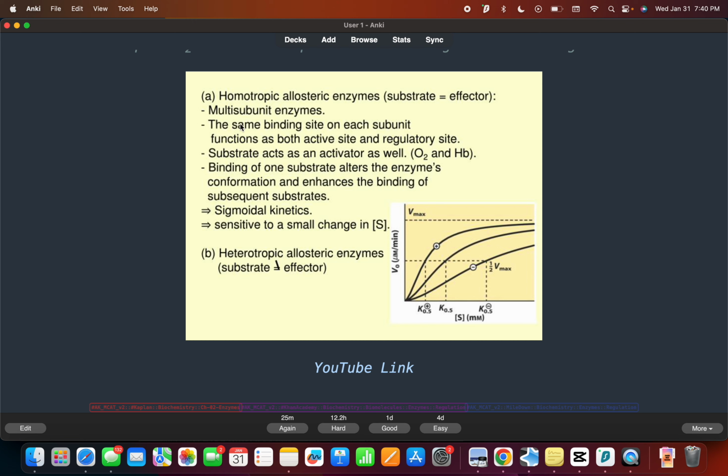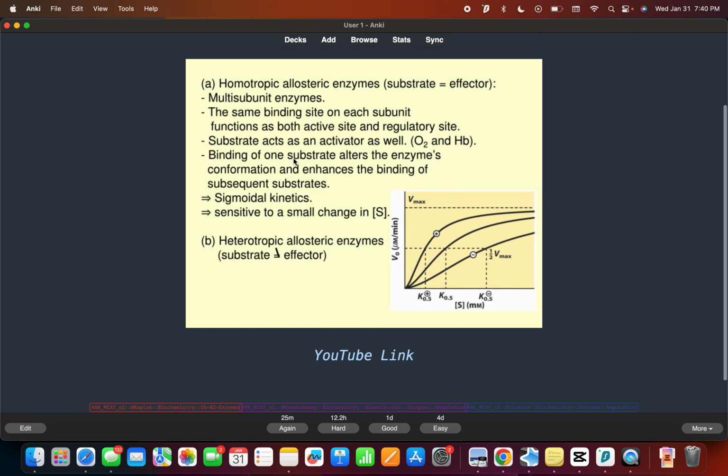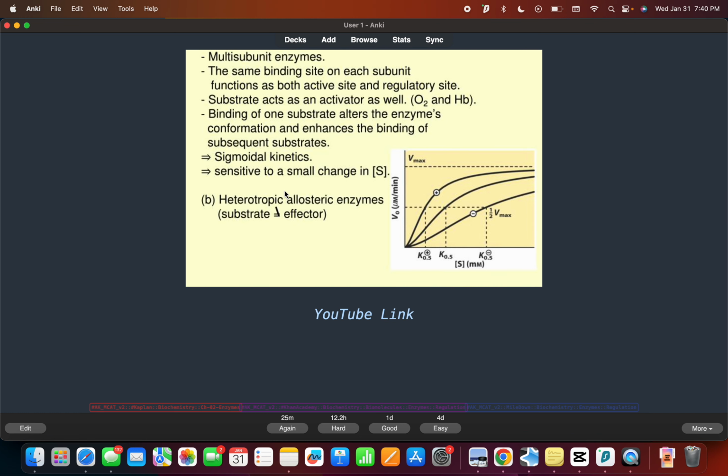Multi-subunit enzymes, the same binding site on each subunit functions as both active site and regulatory site. Substrate acts as an activator as well. This is why we have the positive cooperativity. Binding of one substrate alters the enzyme's conformation, enhances the binding of subsequent substrates. Sigmoidal kinetics, sensitive to small change. Heterotropic allosteric enzymes: substrate does not equal effector.